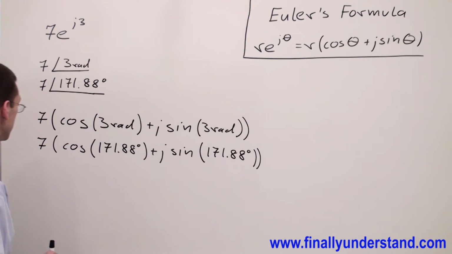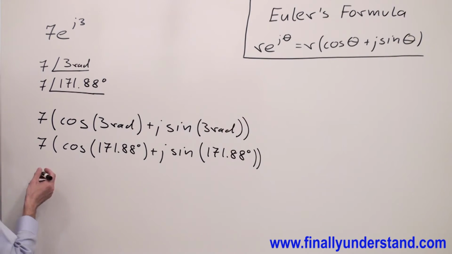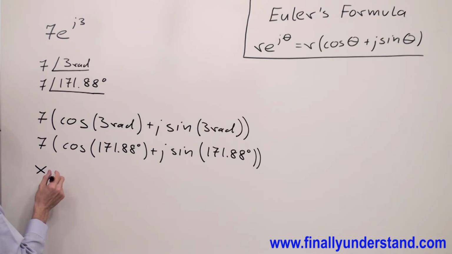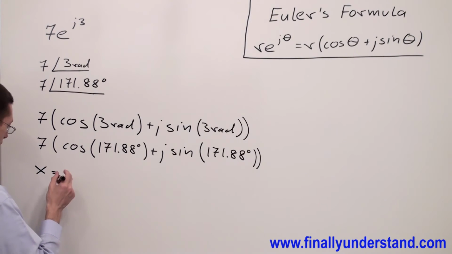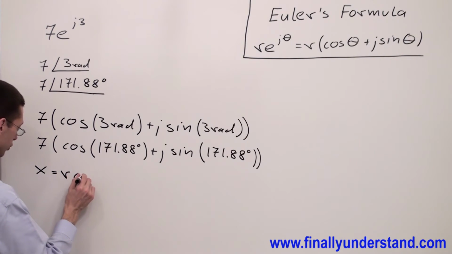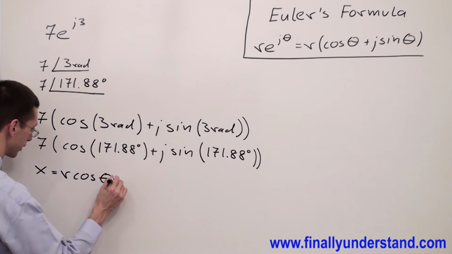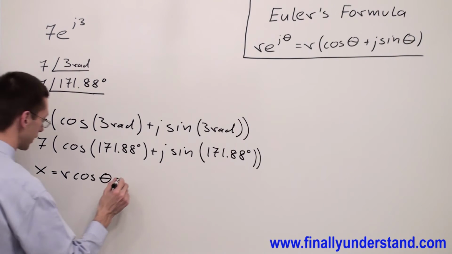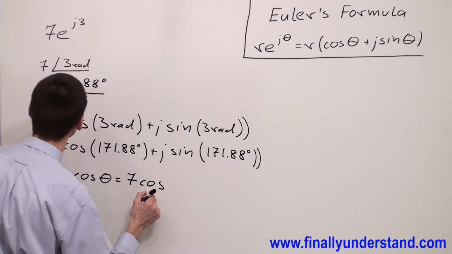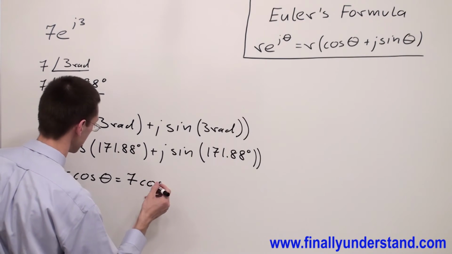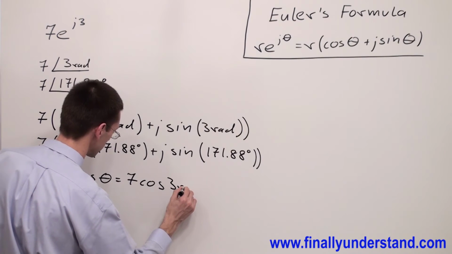If you want to find the rectangular form, you simply find x, the real part, which is found by multiplying the magnitude times cosine theta. The magnitude is 7 cosine, and I'm going to use radians, cosine of 3 radians.